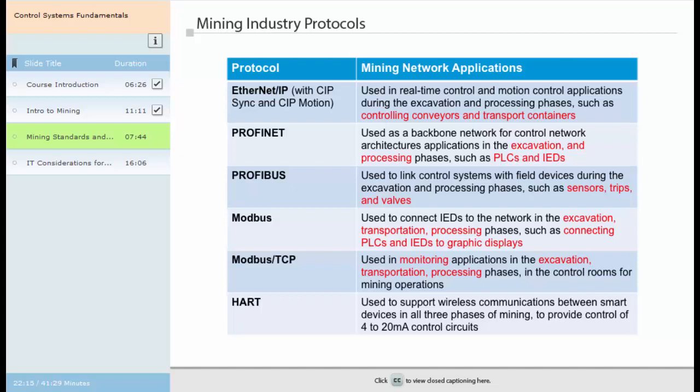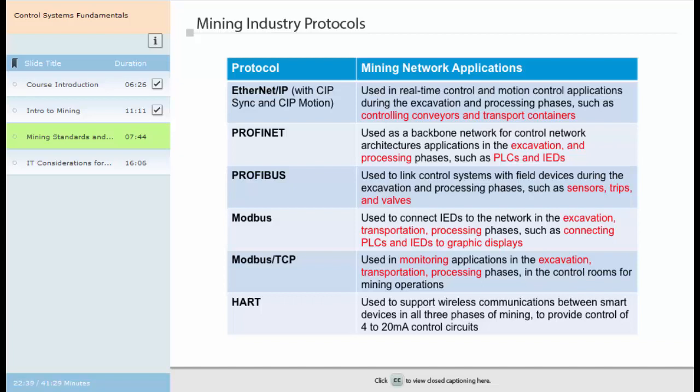Modbus, a serial communications protocol, is often used in connecting industrial electronic devices. Modbus enables communication for up to 240 devices on the same network. Modbus is commonly used to connect a remote terminal unit, or RTU, with supervisory control and data acquisition systems, also known as SCADA.